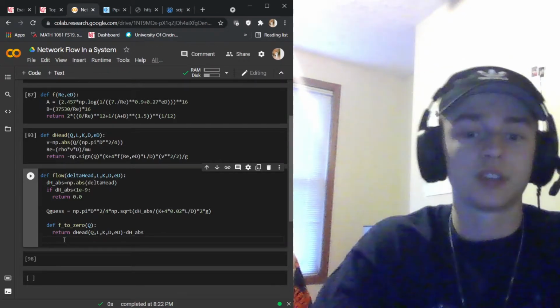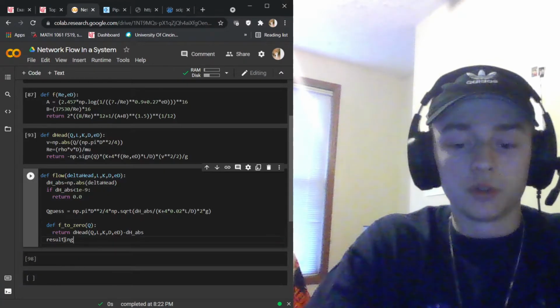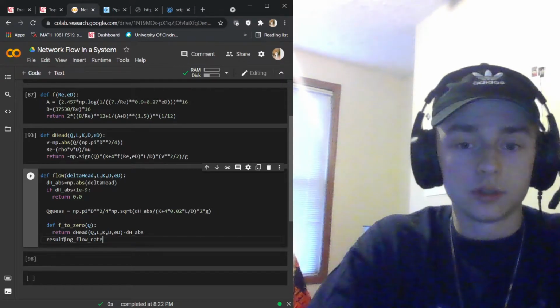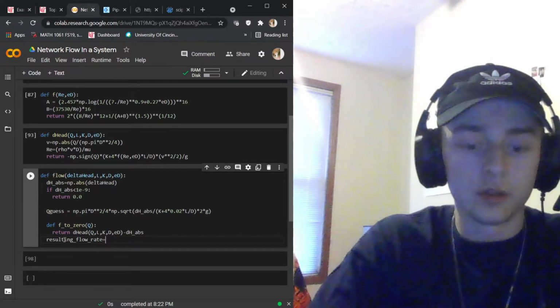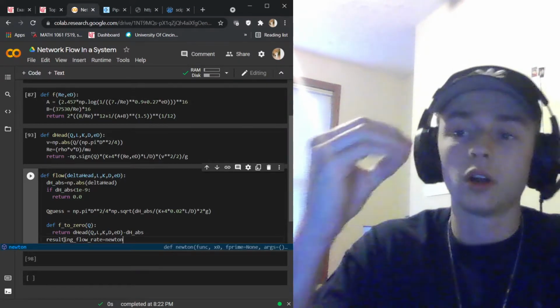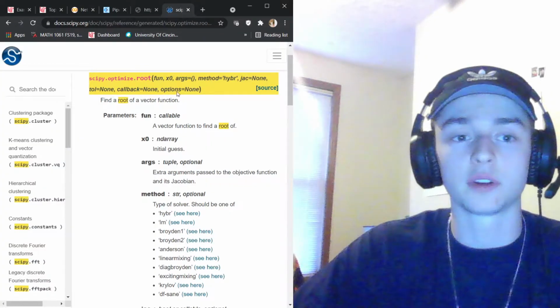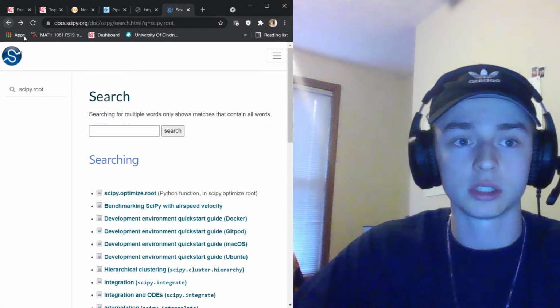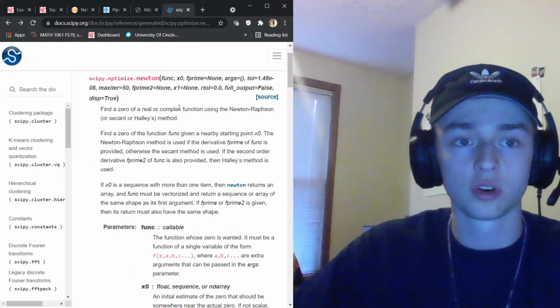And so what we can say is, if we want our resulting flow rate to be equal to the Newton function, which will return, again, the zeros of a complex function that we bring in, which is here.